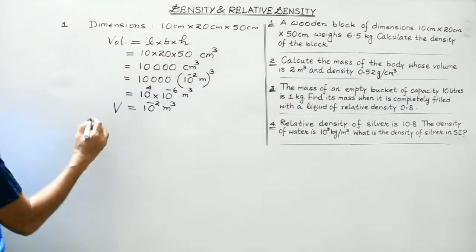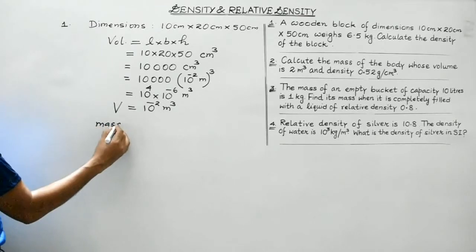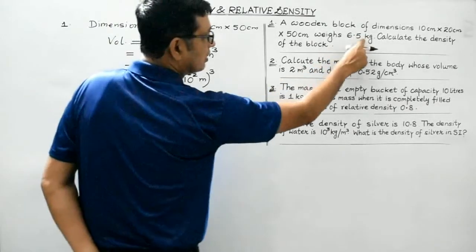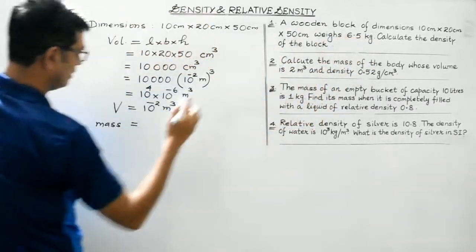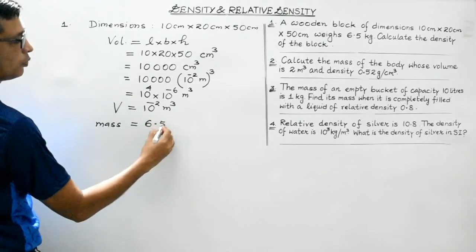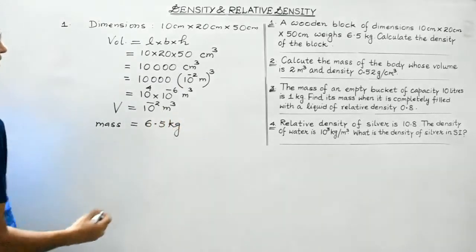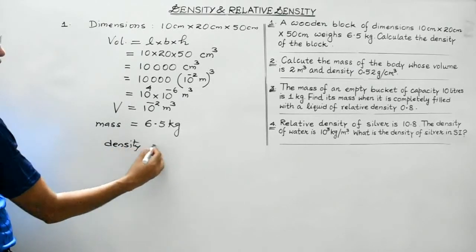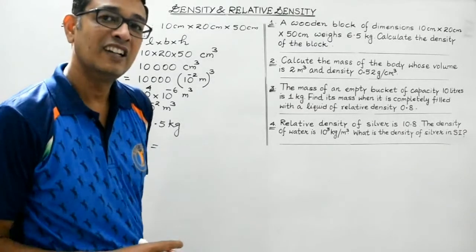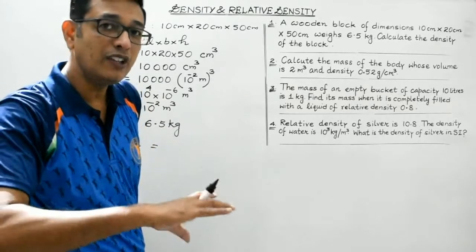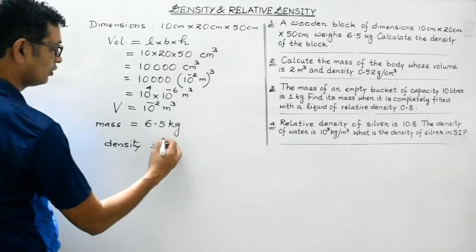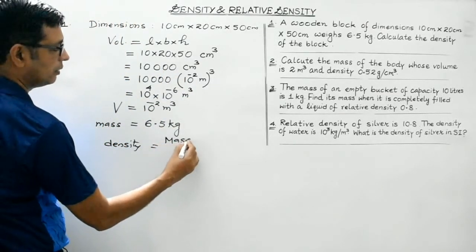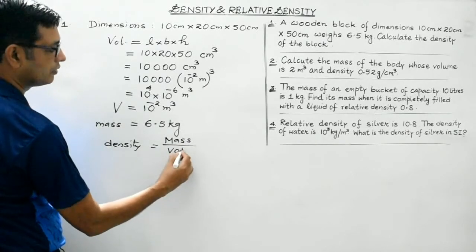Okay, mass is given. The mass of the block, the unit is kg, so it must be mass. It is given to be 6.5 kg. Now students, density. Just now we have discussed theoretically, density is the mass of the body per unit volume. So the formula for density is mass divided by volume.